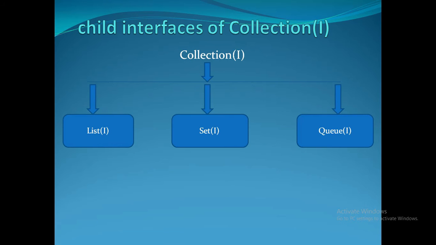Because these are the child interfaces of the collection interface, whatever methods are available in the collection interface will be available in these three interfaces. In addition to the methods already available in the collection interface, list, set, and queue have their own methods as well.